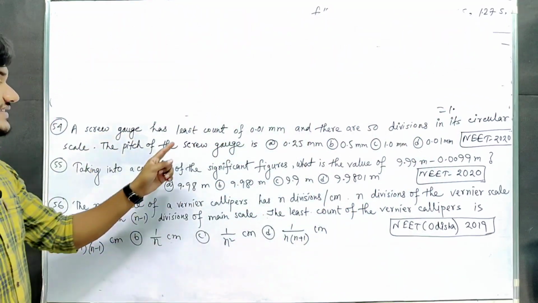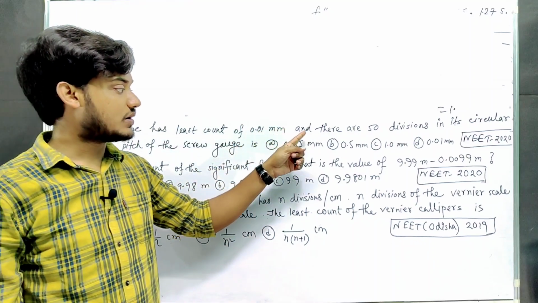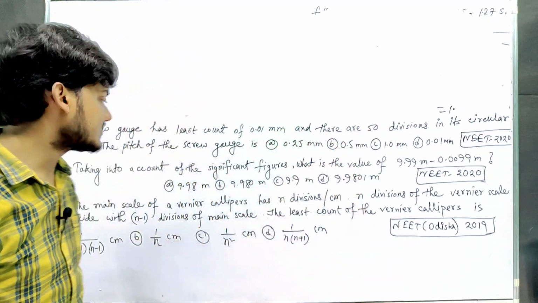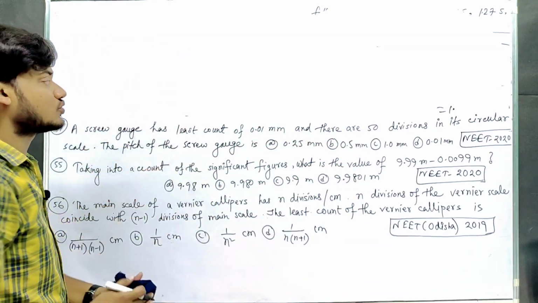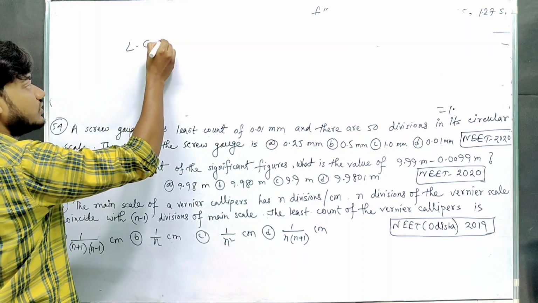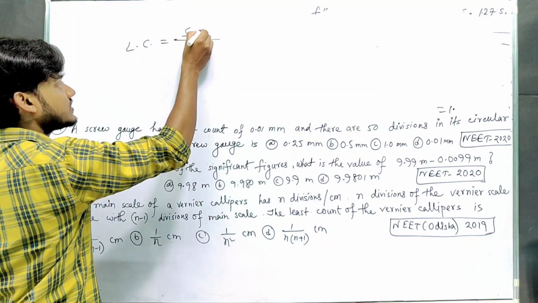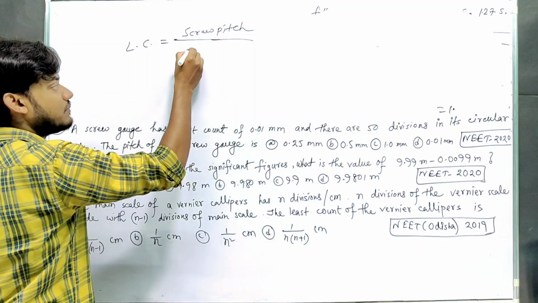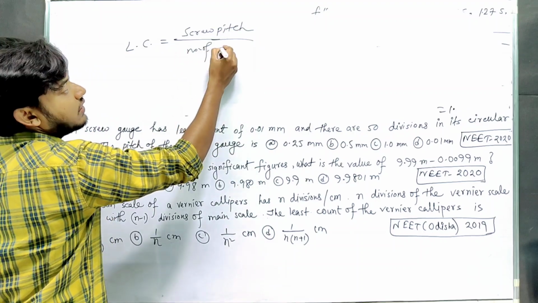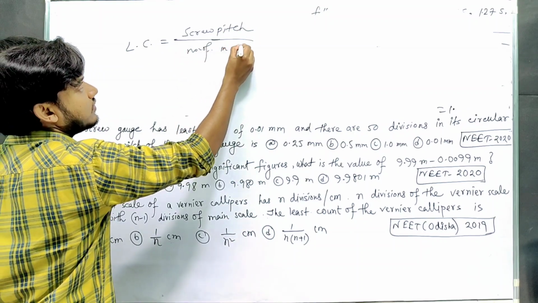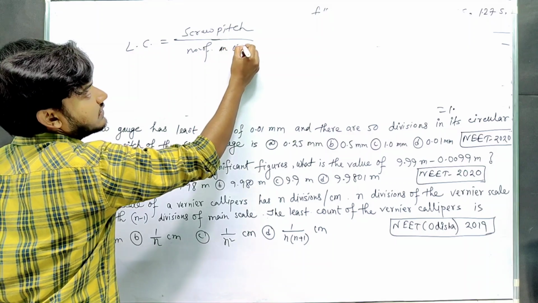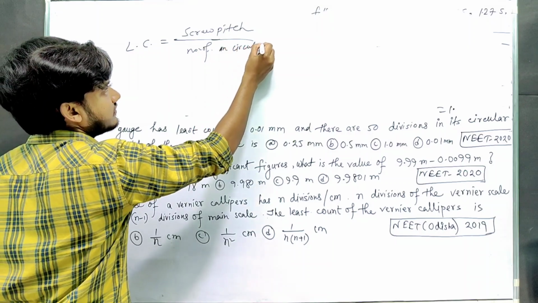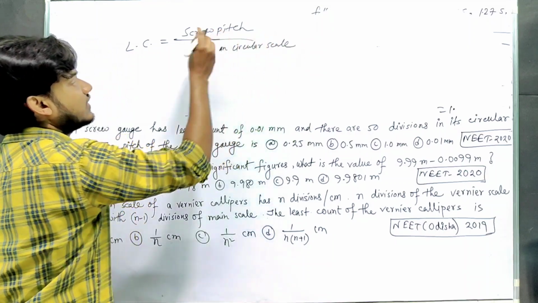A screw gauge has least count of 0.01 millimeter. There are 50 divisions in its circular scale. What is the pitch of the screw gauge? We know least count equals screw pitch by number of divisions on circular scale. This is the formula.